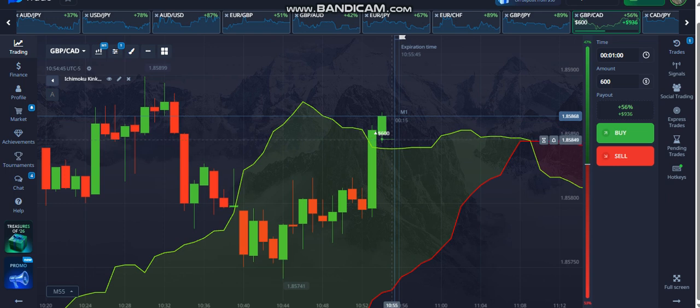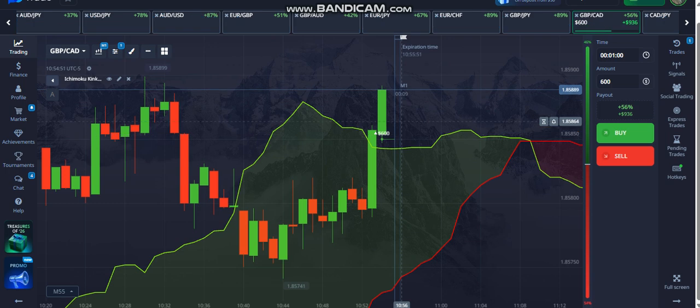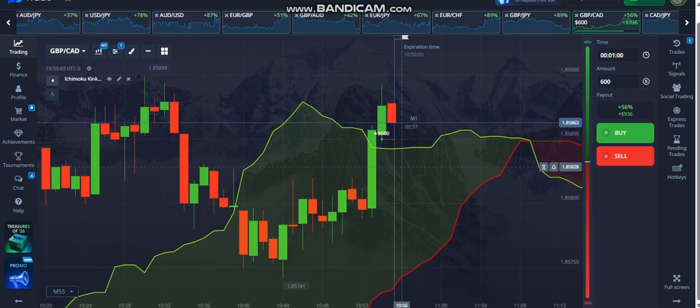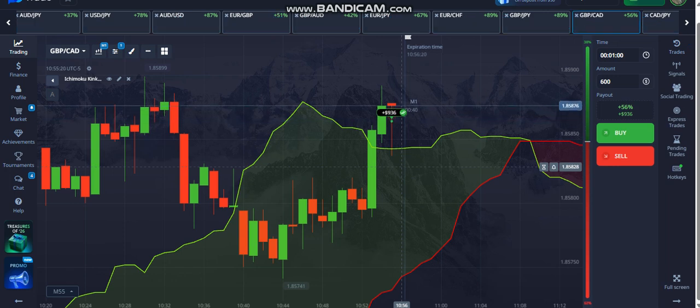And when the price closes outside the cloud, you take a trade in the direction of the movement, which here is a buy trade or a call trade. So I went ahead and took a call trade. And so let's watch the results of this trade. Okay, great. So we won that trade as well.